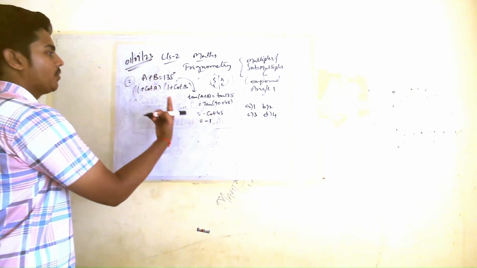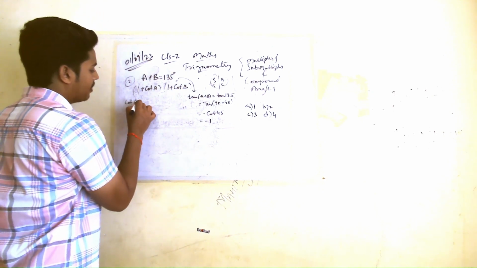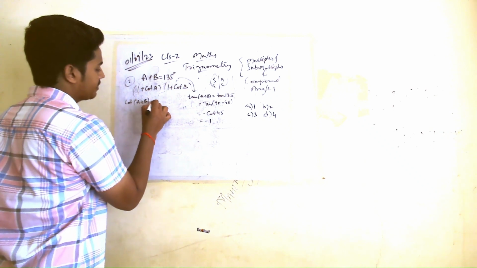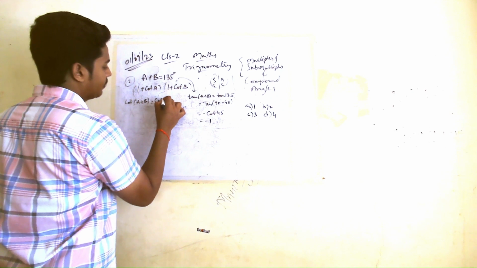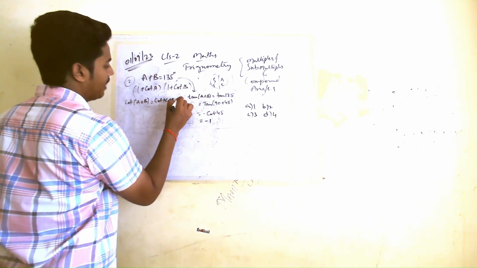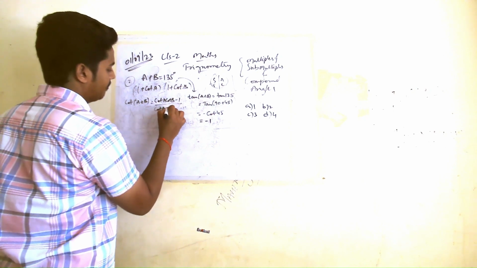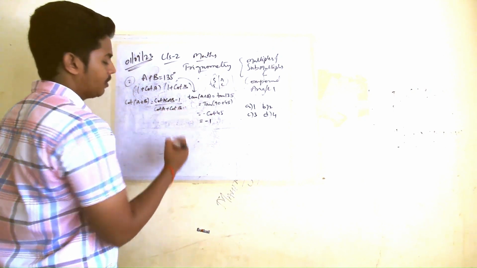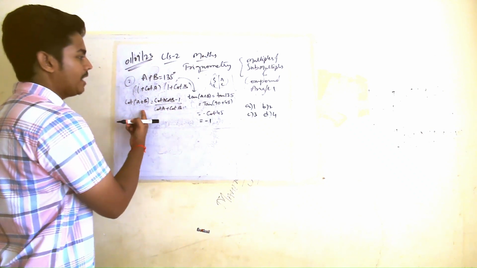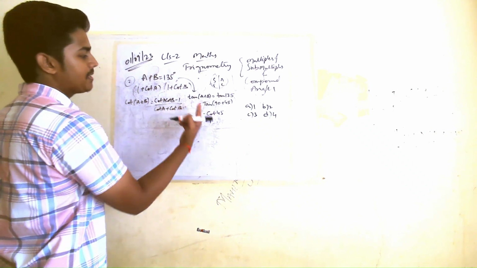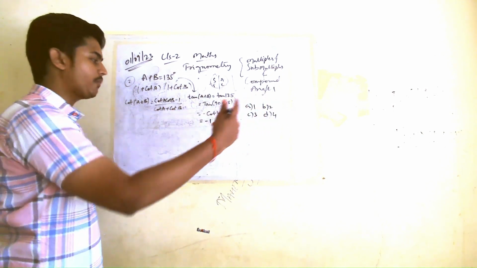Now this value you can substitute here, and we know the cot of (A plus B) formula is equal to (cot A cot B minus 1) by (cot A plus cot B). Now tan of (A plus B) is minus 1, so cot of (A plus B) also becomes minus 1, because it's just the inverse of it, no?